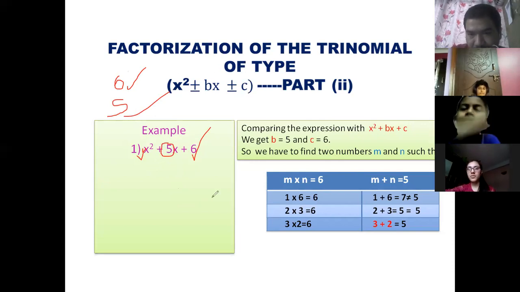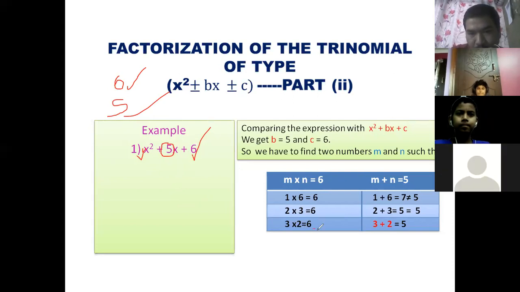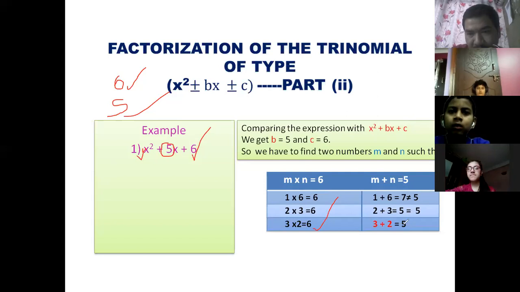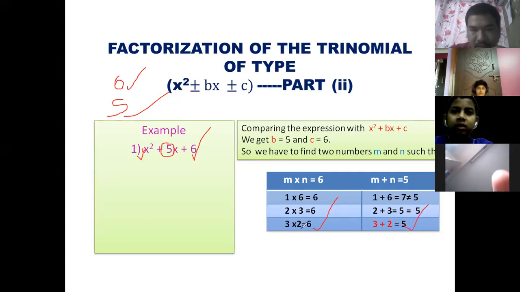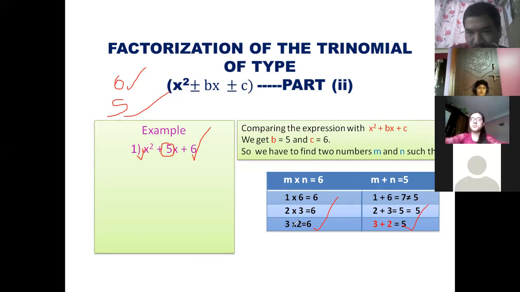Okay, children? In which pair is the product 6 and the sum 5? 3 and 2. You are absolutely right.